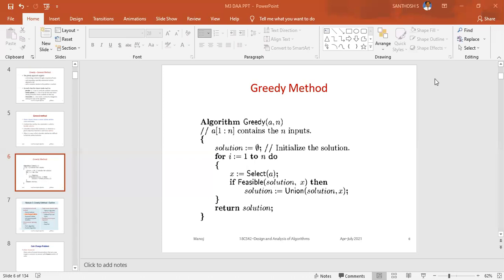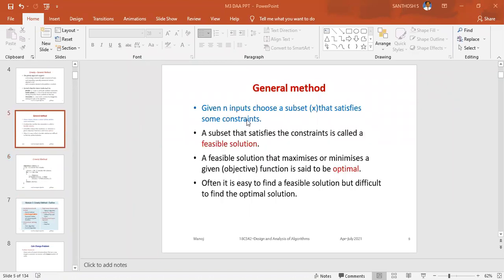Initialization of what? Okay, you can see here, step 1, from n inputs, choose the subset. I am telling again and again.